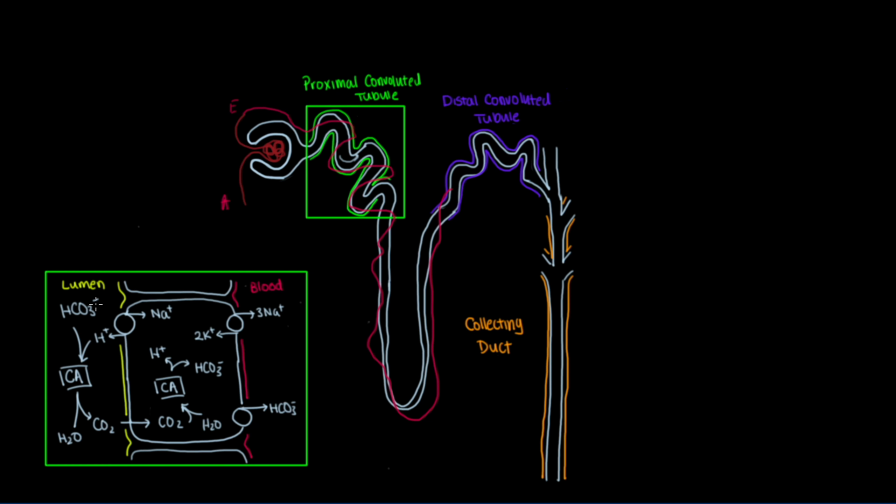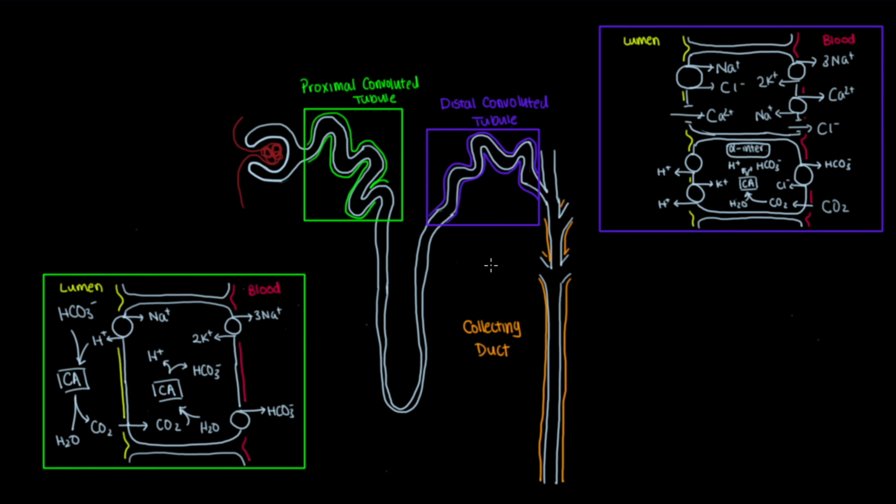Basically, all of this was done to transfer this bicarb into the cell, and then after it's inside the cell, it's able to be excreted back into the blood. And this acid is being tossed around and around as a partner for this bicarb to make it into the cell. And this is all to say, for the purposes of renal tubular acidosis, that it has a function of pulling in bicarb from the lumen into the blood.